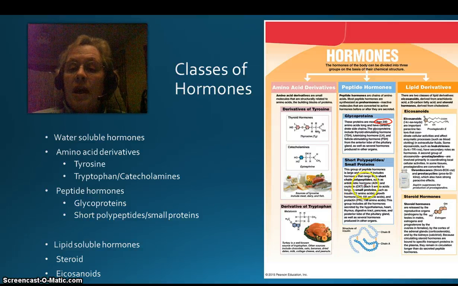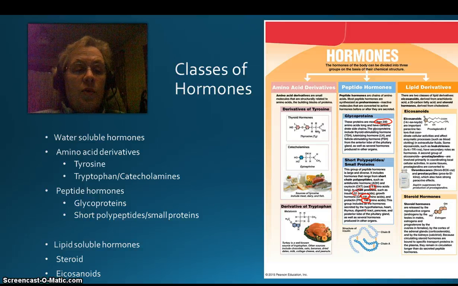Included here we have ADH and oxytocin, each of which are, oh yay, a grand total of 9 amino acids long. Then we get to the small proteins like insulin, a whole 51 amino acids, growth hormone, 191, and prolactin, which is 198 amino acids long.